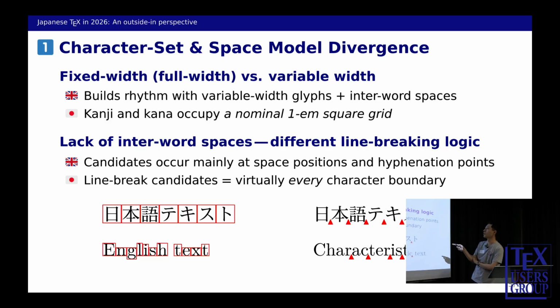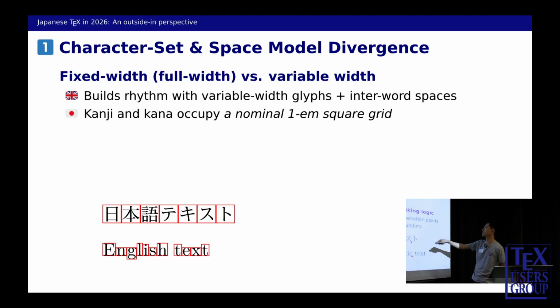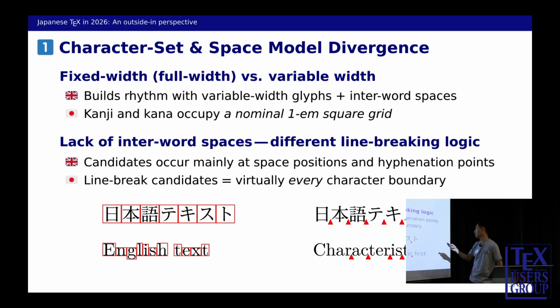For English documents, the candidates for line breaking are mainly at word boundaries, or possibly at hyphenation positions. For Japanese text, we can break virtually everywhere. So you can put a line break anywhere you want in the normal situation.